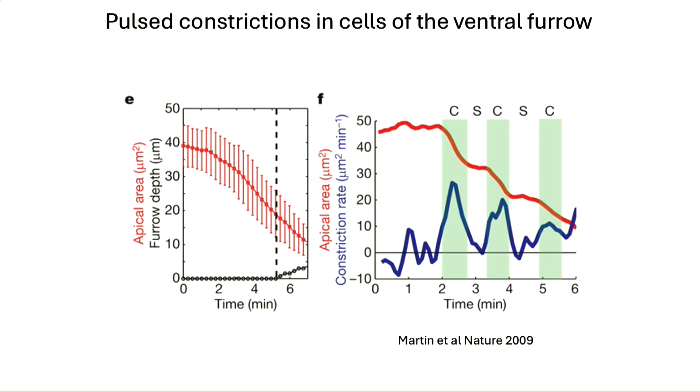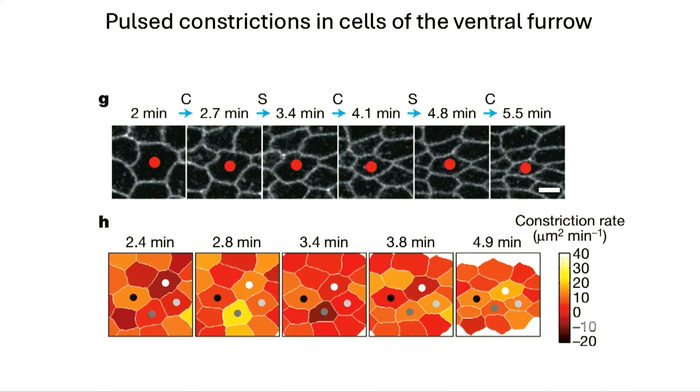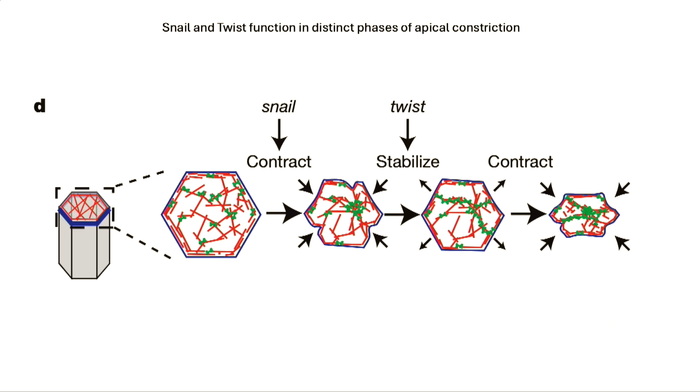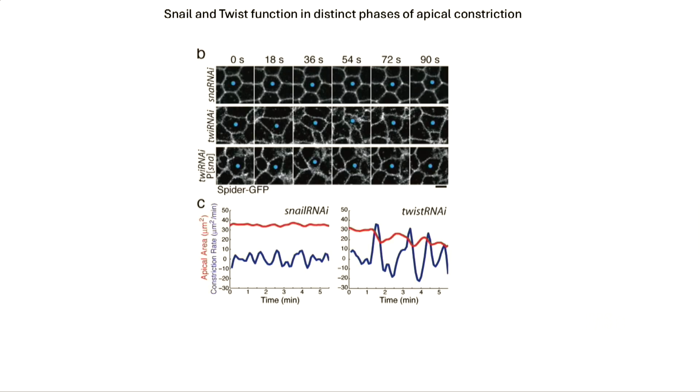You have constriction and again it comes back. So in a sense, the stabilization is not occurring at all. Maybe there's some small amount of decrease in area, but nearly not as much as the control.